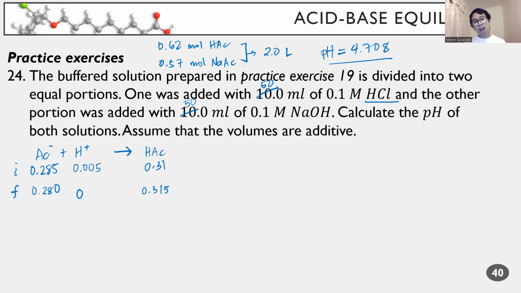Okay. Now, these are the new number of moles for acetate ion and acetic acid, and we can use this to calculate pH. So pH is just equal to pKa plus log of acetate, which is 0.28, over acetic acid, which is 0.315.